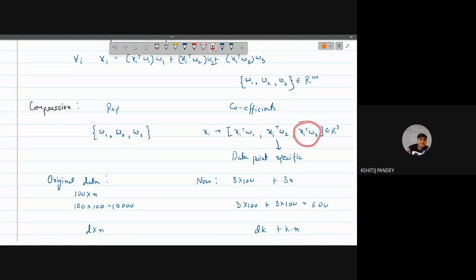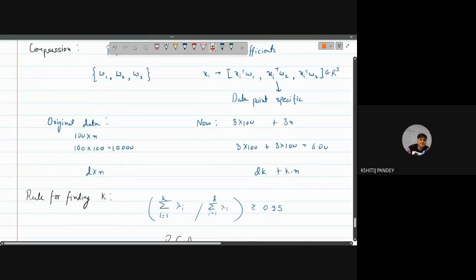For each data point, this is the scalar we have to store. Correct? So this is data point specific. So here you have to store three W's and 3 scalars for each data point.